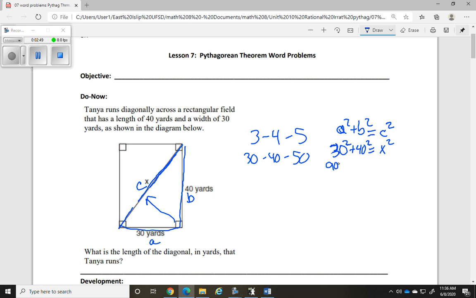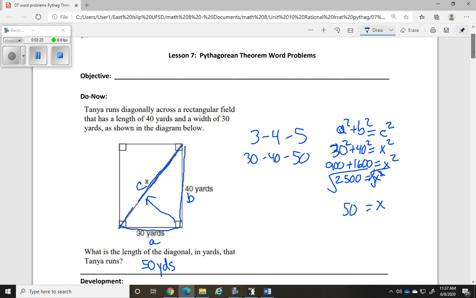So this is 900 plus 1600 equals x squared. So this is 2500 equals x squared. To undo squaring, you square root. The square crosses out the square root. So x is the square root of 2500, which really is 50. 50 times 50 is 2,500. So the length of the diagonal is 50 yards.